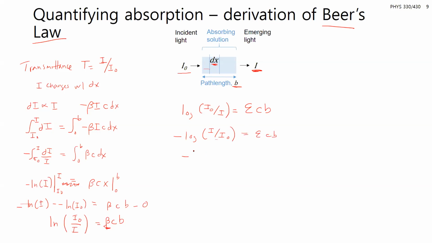And this will give us that the negative log, which is the same as what we define as the transmittance, is equal to eta c b, which is then what we call absorbance. So this is Beer's law, where your absorbance depends on your path length, your concentration, and then this constant here, eta, is what we call molar absorptivity.